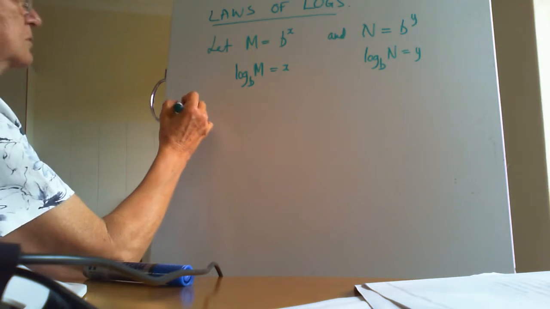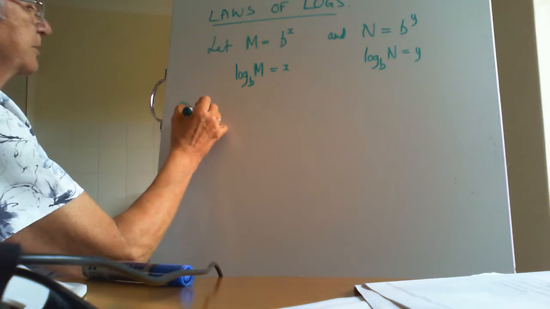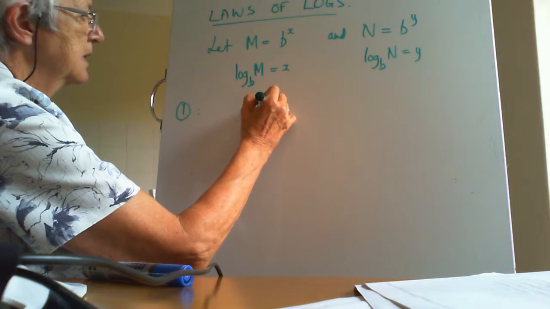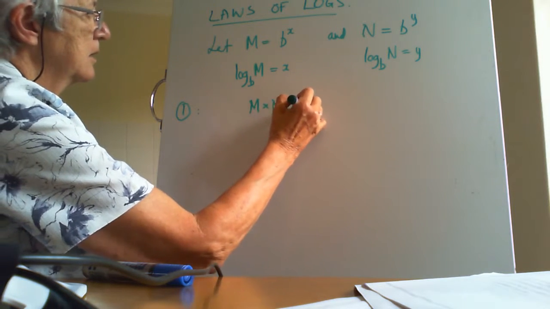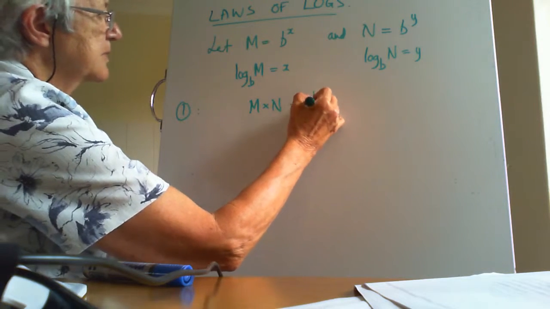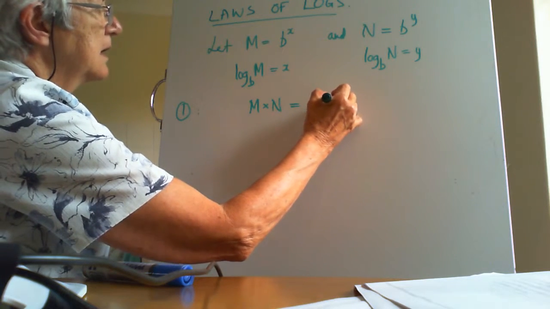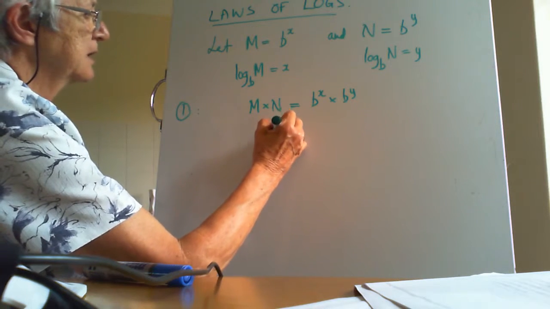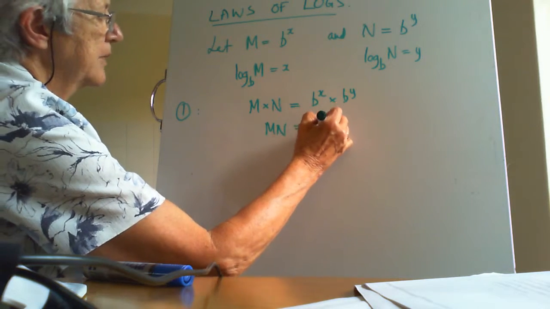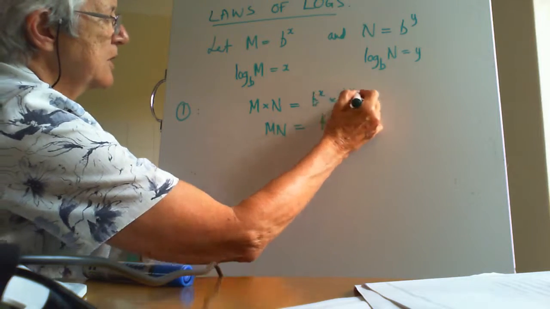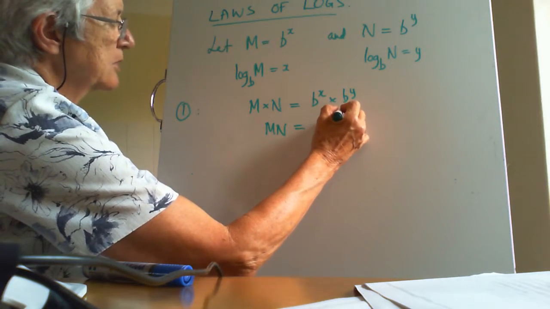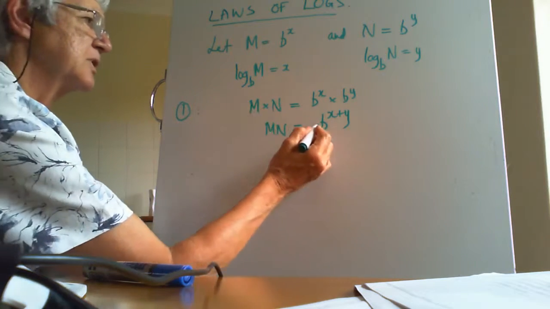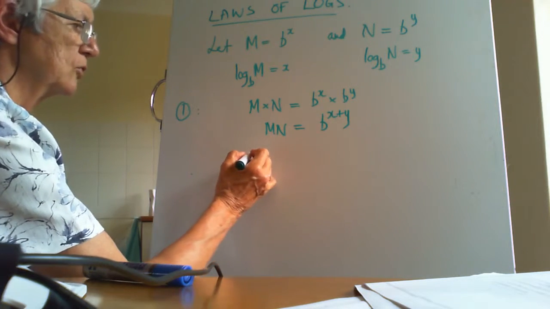Now the first law is to do with the product of m and n. If we were to multiply m by n, we would say, okay, m is b to the power x, and n is b to the power y. So when you multiply, by your rules of exponents, you add your exponents. You get x plus y. Now let's put this statement into log form.